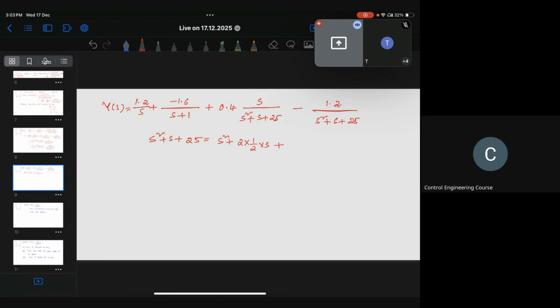If you compare this with (a + b) whole square, we have 1 by 4, which is (1 by 2) whole square. So 1 by 4 plus 99 by 4, and 99 plus 1 is 100 by 4, which is 25. Now the first three terms... is there any doubt?